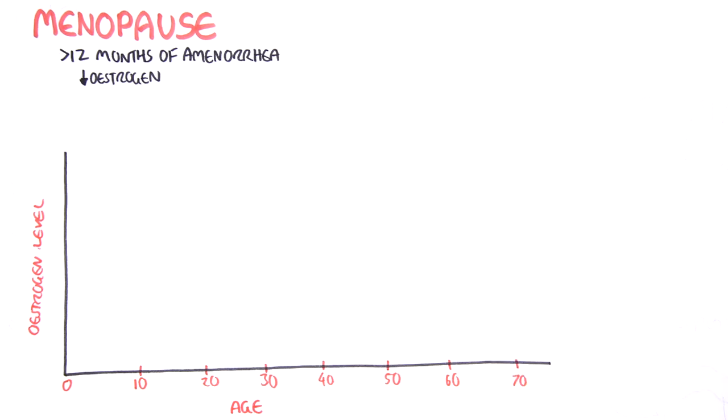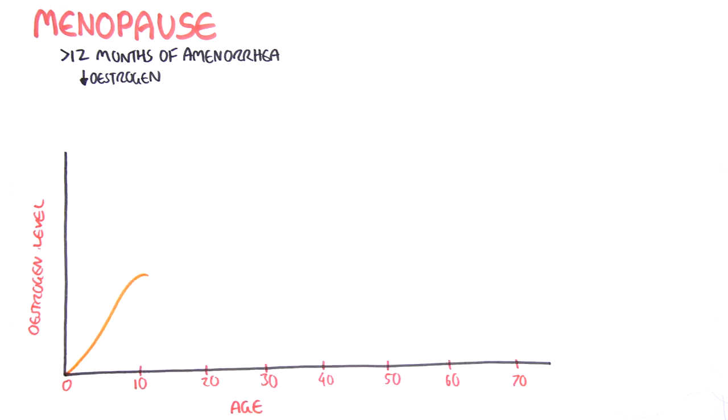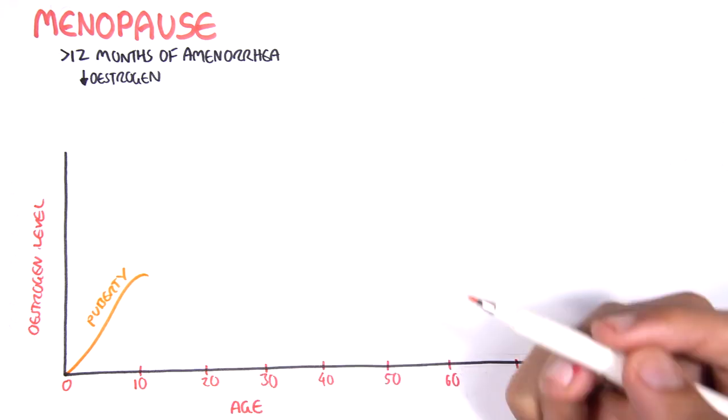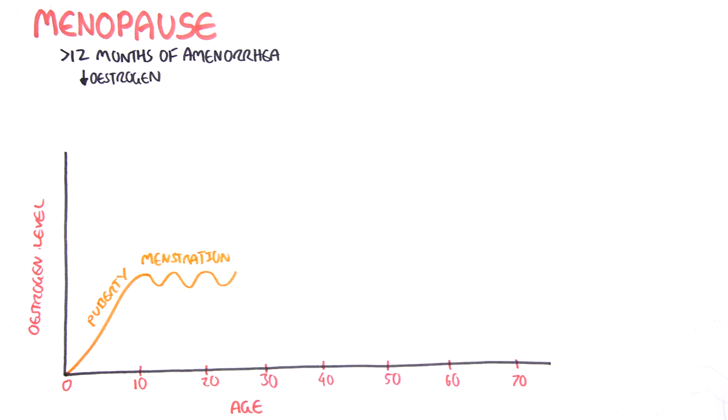During puberty, estrogen concentration increases. This is when adolescents develop secondary sex characteristics. And then during adolescence, they begin having their menstrual cycle. And during the menstrual cycle, the estrogen concentration fluctuates, but it still remains relatively high.